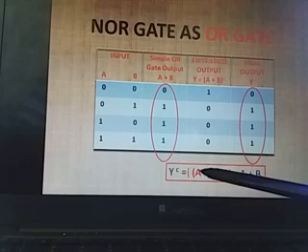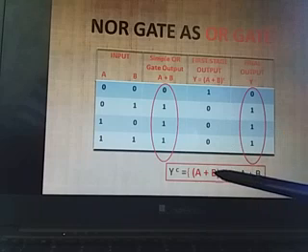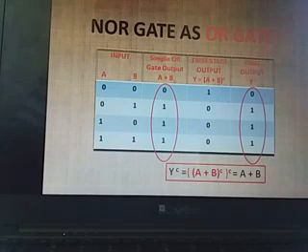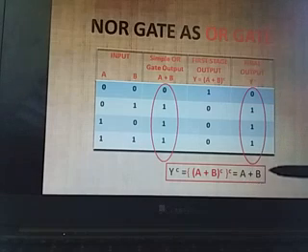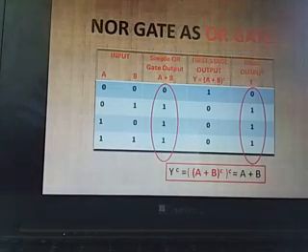The original signal was A plus B, and double complement of A plus B will provide A plus B. So the OR gate behavior has been achieved from the NOR gate combination.